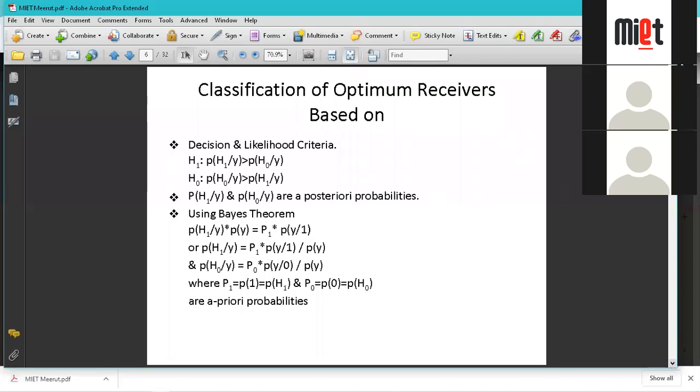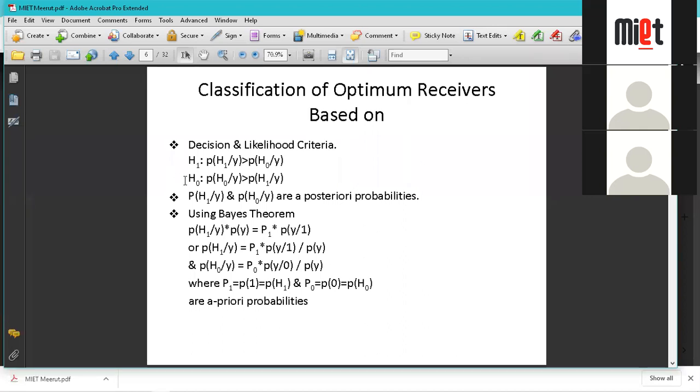Similarly, H0 is the final hypothesis when the probability of the no-signal hypothesis, when the received signal might be only containing noise, is greater.